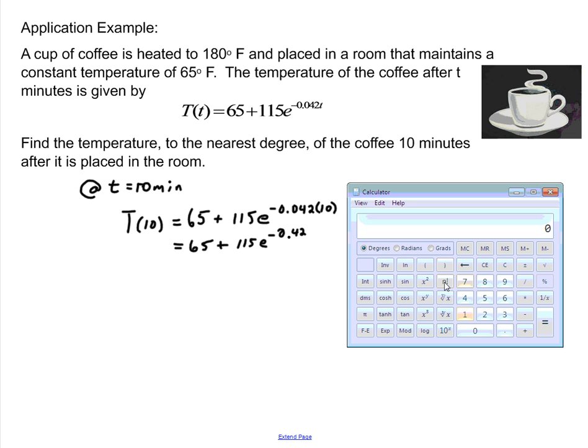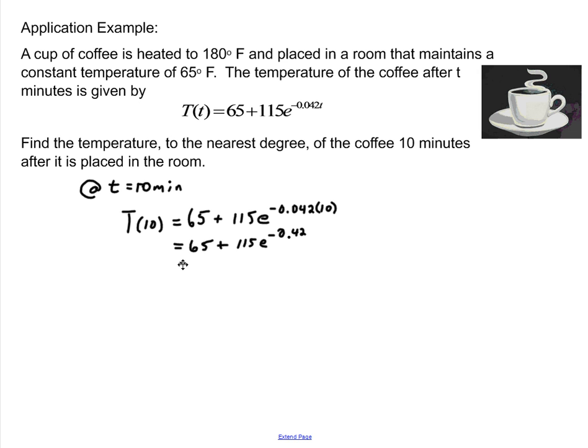We want to take 0.42, the negative of that value, and we're going to exponentiate, e to the x right here. We're going to multiply that value times 115, and we're going to add that temperature to our 65 degrees. And what does that give us? 140.56 right here.